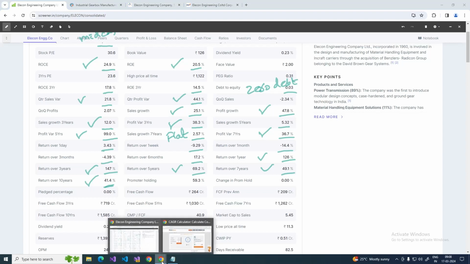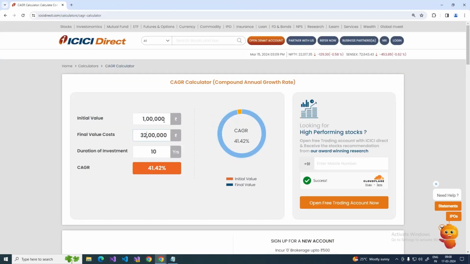So if you invested 1 lakh rupees 10 years before in Elecon Engineering, current value is 32 lakhs. That means 41.4% CAGR. So this is a multi-bagger stock.